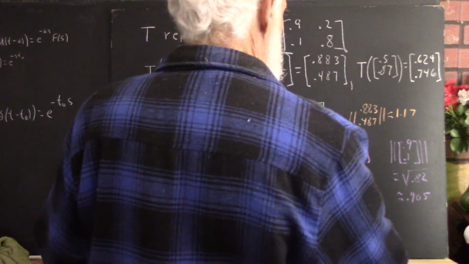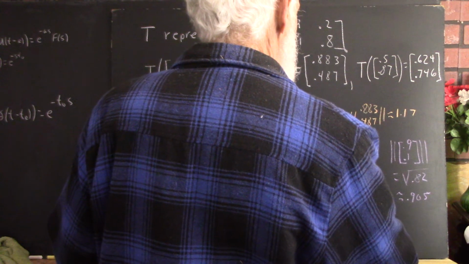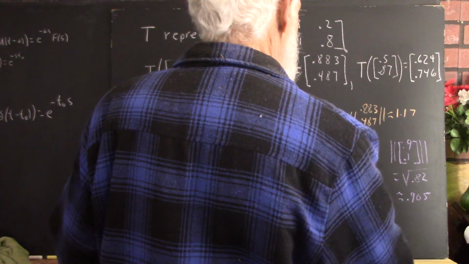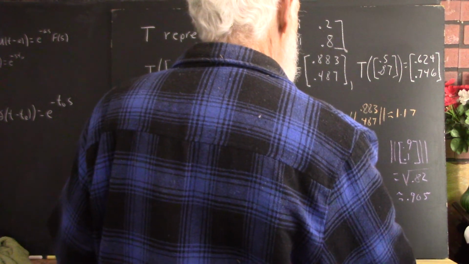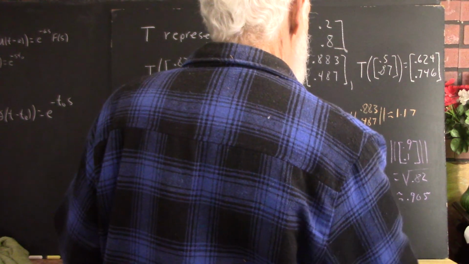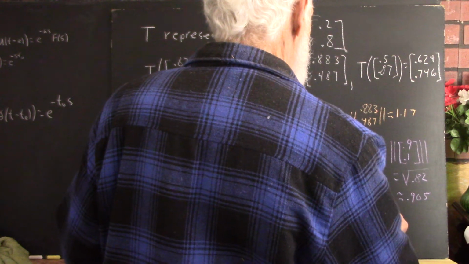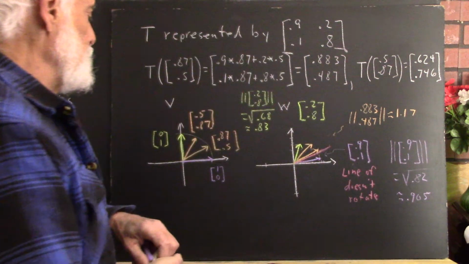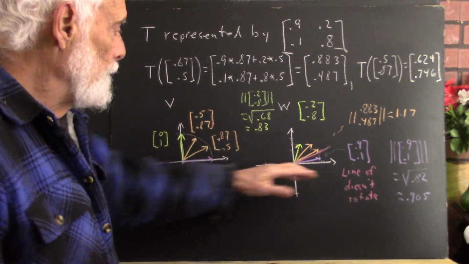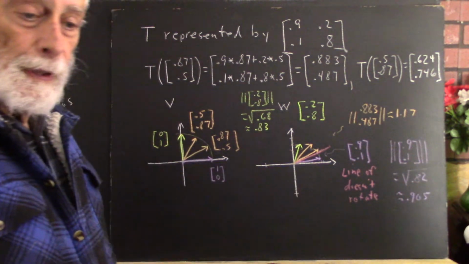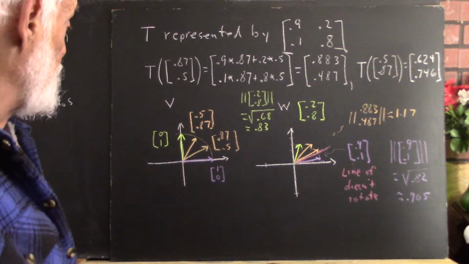So I'm going to call this the line of doesn't rotate. Again, this purple vector rotates a little away from the x-axis, also changes its length.